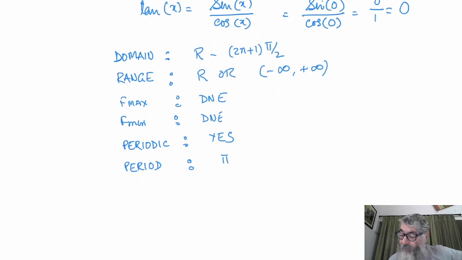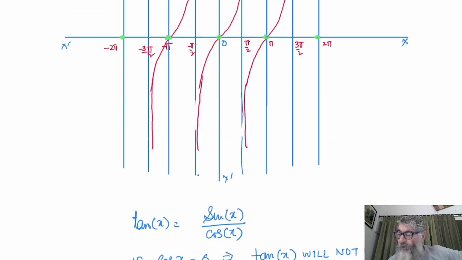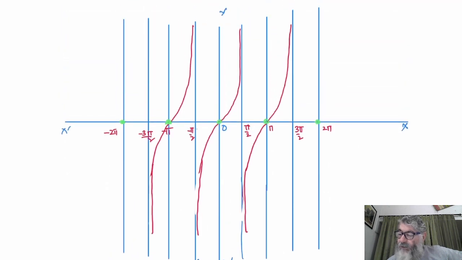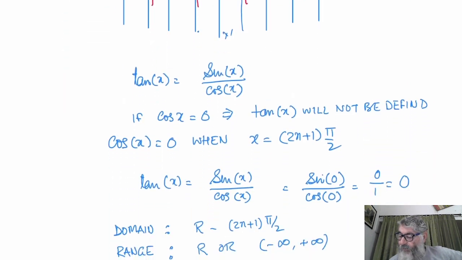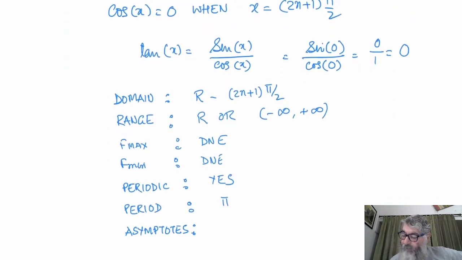What are the asymptotes? Asymptotes are these vertical lines. These are vertical lines towards which the curve is approaching, but the curve is never touching them. So asymptotes are at (2n plus 1) pi by 2.